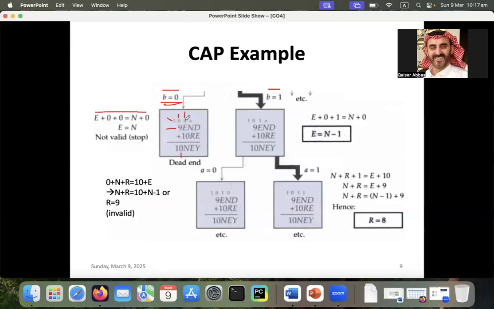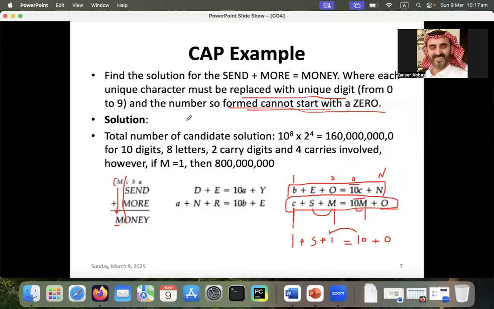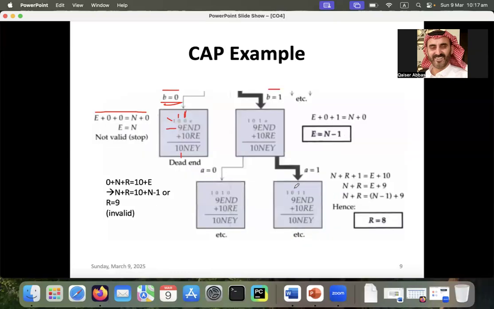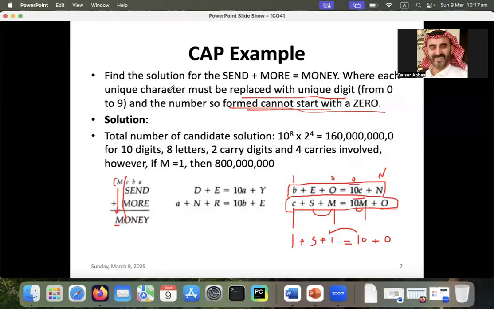For this column, why have I taken 1 here? B is not 1, we are taking B is equal to 0. So B is not 1 here. On the left-hand side, you have only E left.